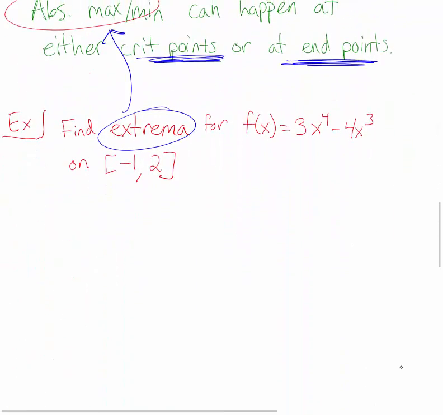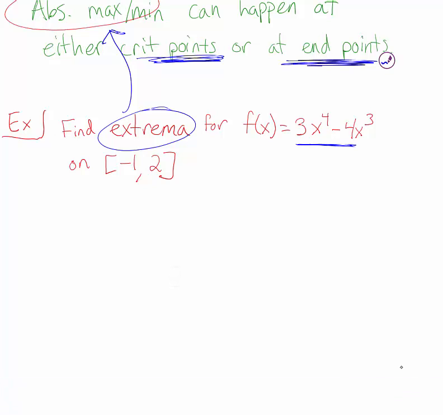So if you had something where you could tell the derivative is not going to exist, like 3 over x, that's not going to exist at x equals 0, or something like absolute value of x, that's not going to exist. Anything where you can tell it's not going to be differentiable, then you want to think about that. But this case, it looks pretty normal.